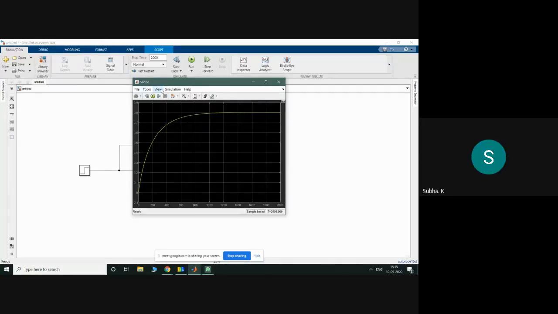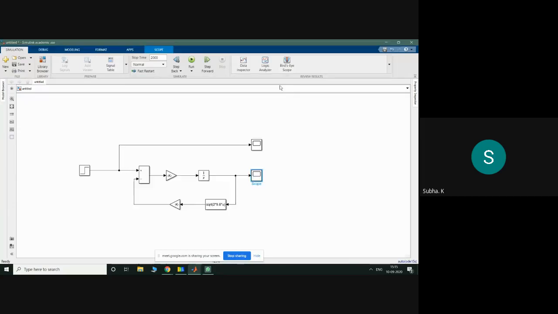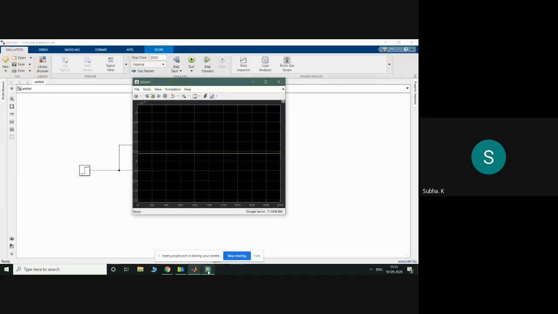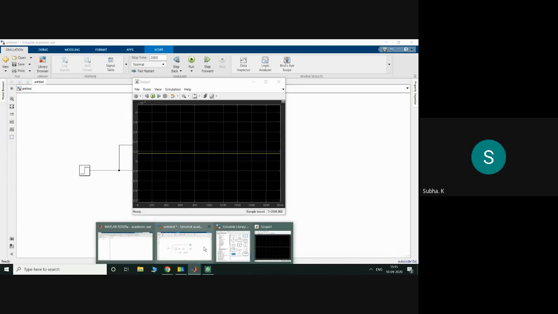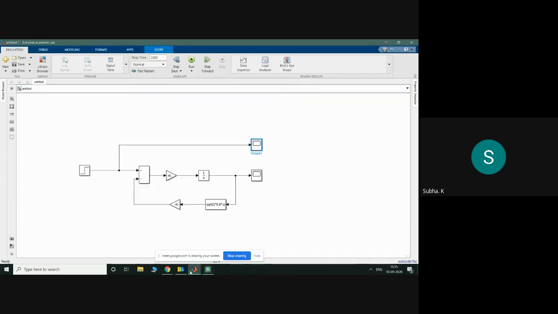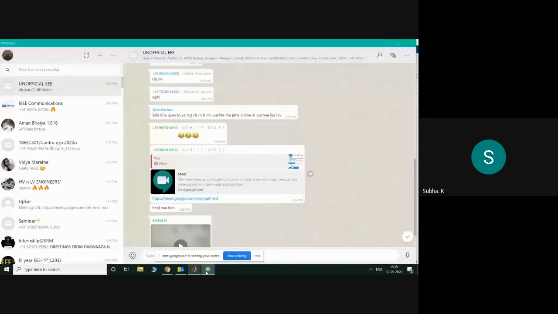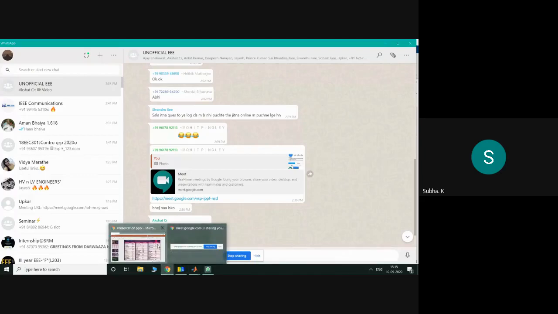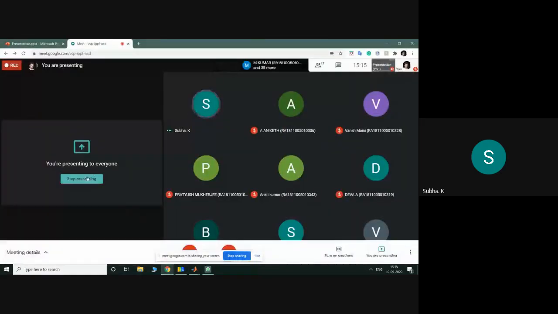Okay, ma'am. I think Swaraj got the answer. Okay, very good. Second block diagram also you try. Second symbolic model also you people try. Anusha, you finished? I think all finished, I am hoping.